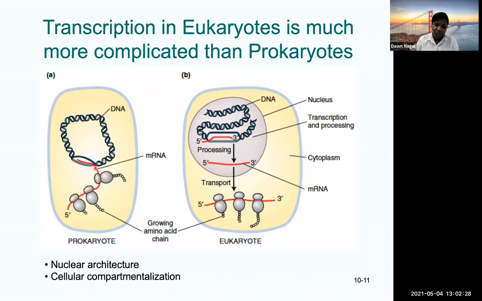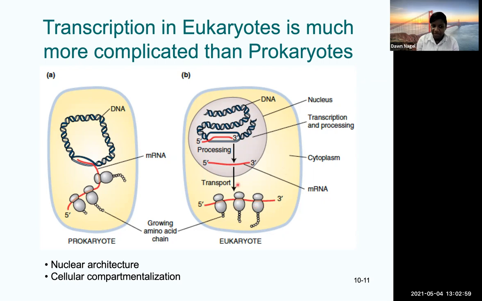And you can start translating immediately when you transcribe the DNA and make this transcript, so this can occur very quickly. Compared to eukaryotes, where you have compartments: you have your nucleus, which is where all the transcription occurs, and this transcript needs to get out into the cytoplasm where the ribosomes are waiting to translate this mRNA.